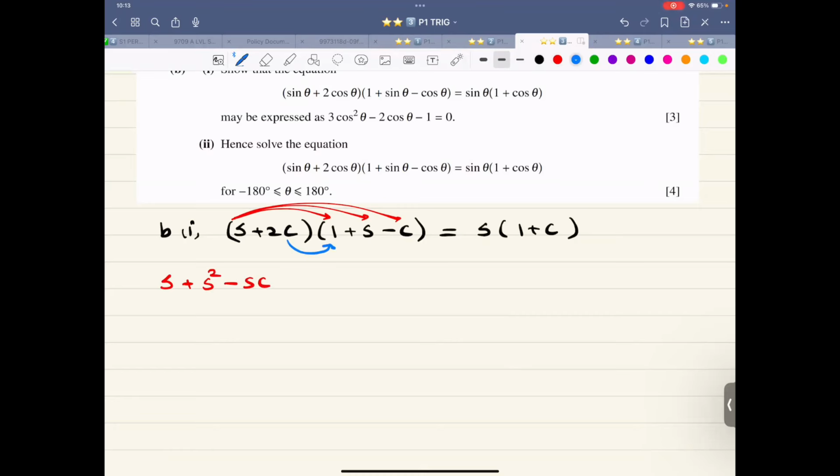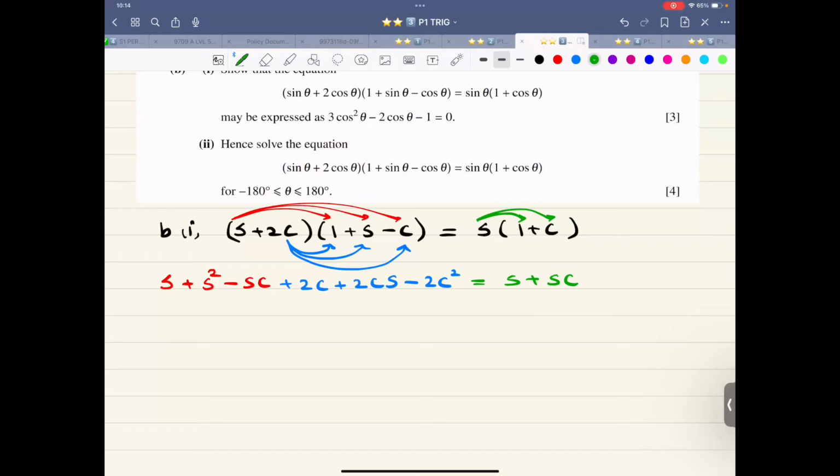Then 2C into 1, 2C into S, 2C into C. That is 2C plus 2CS minus 2C square. And then S into 1, S into C. That is S plus SC.